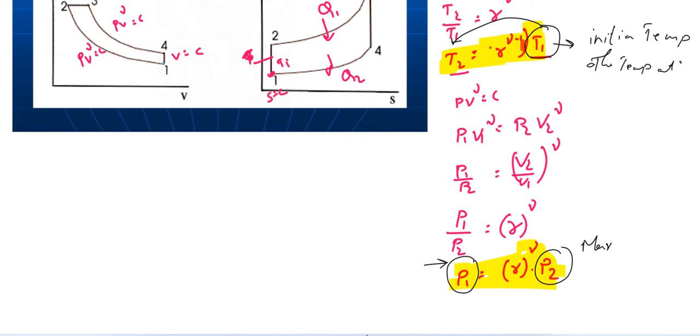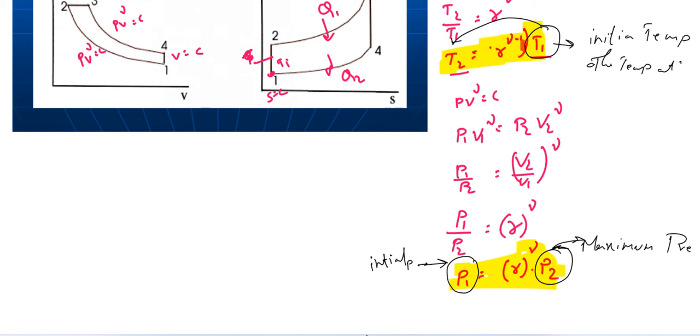In a diesel cycle, maximum pressure means you have to consider P2. If they tell initial pressure, you have to take P1. Don't be confused; in the question itself they will mention the main points. Please do consider that.